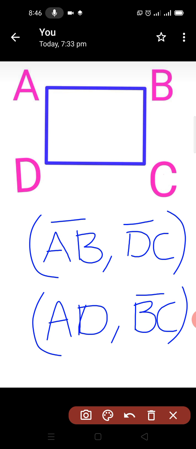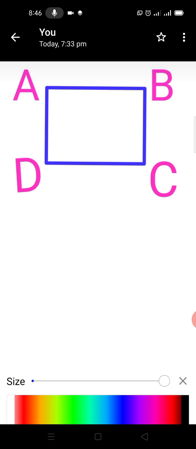Okay, now look at the same picture. We will observe the angles. Here we have four angles and four pairs of adjacent angles. How to identify adjacent angles? If two angles of a quadrilateral have a common side, then those two angles are known as adjacent angles.